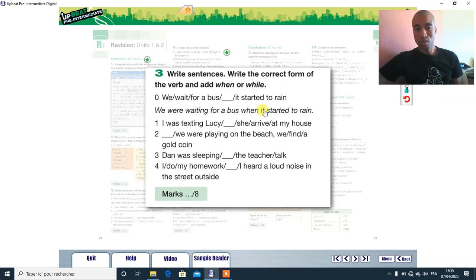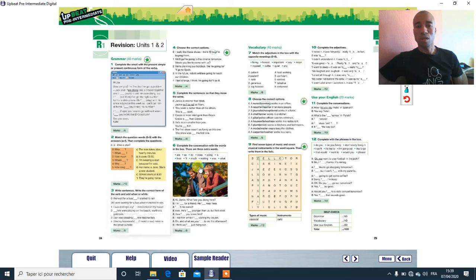So remember this so that you can successfully do the other sentences right here. Right, okay. So consider this revision part as a test for you to test yourselves about the things we have done so far.